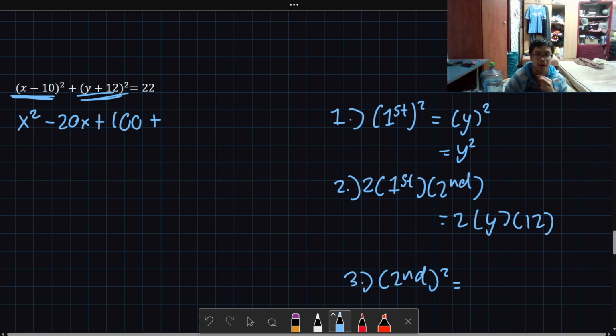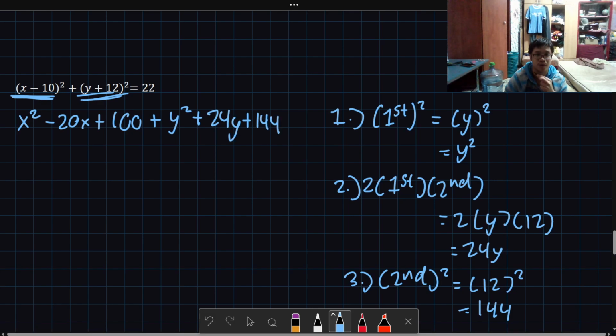So 2y times 12 is 24y. Then the last step is to square the second term, 12. The square of 12 is 144. Adding them together gives you y squared plus 24y plus 144, which is equal to 22.